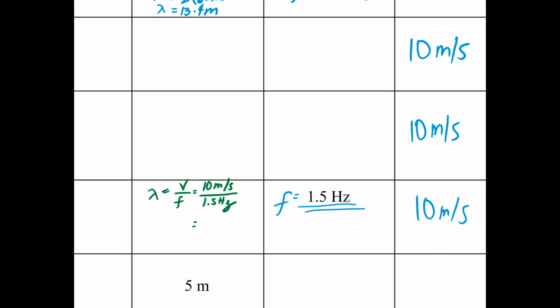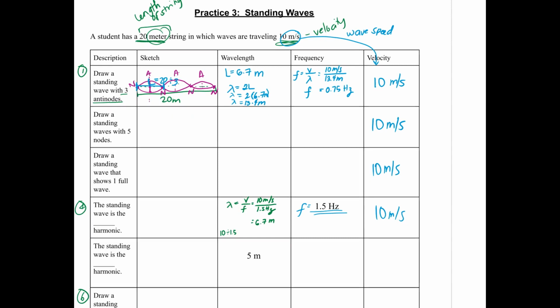So you go 10 divided by 1.5 on the calculator, and you're going to get about 6.7 meters. So the wavelength is 6.7 meters. Now remember, that's 2 times the length of one harmonic, so one harmonic is going to be half of that.